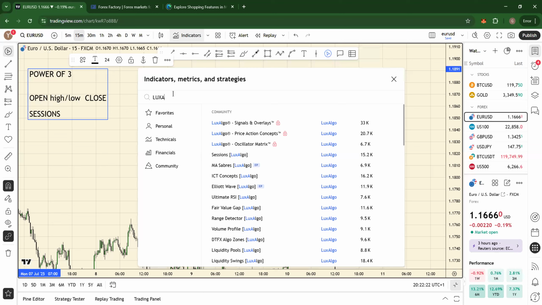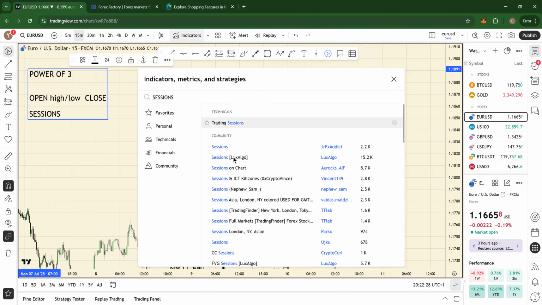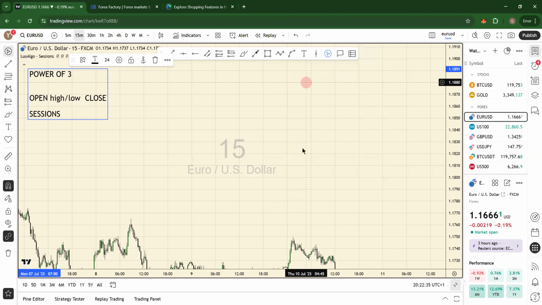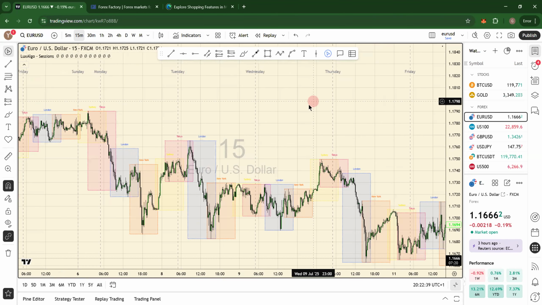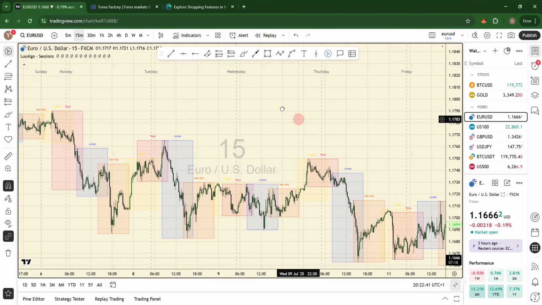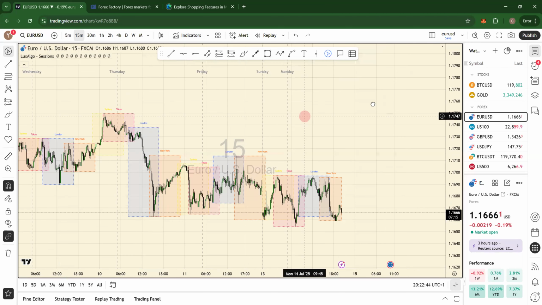Let me just search session so that it comes out. This one. Just add it and I pull it on my screen. Good. With this indicator, it helps you mark out these sessions on your chart. You can see how it has marked them already on my screen.